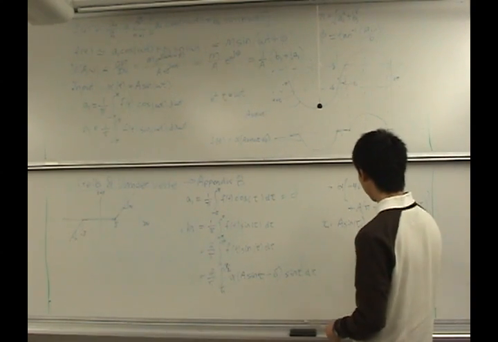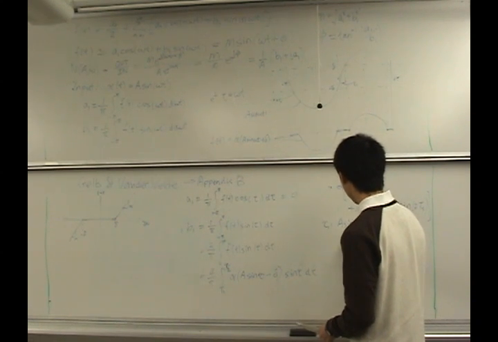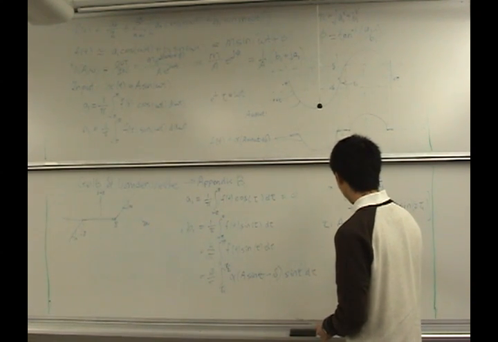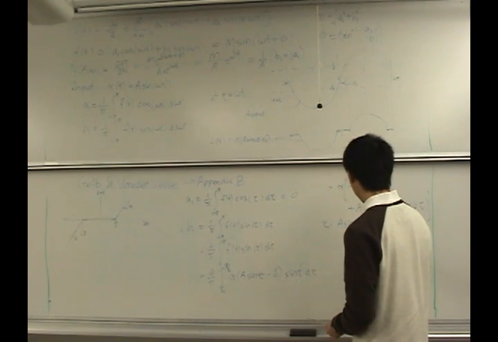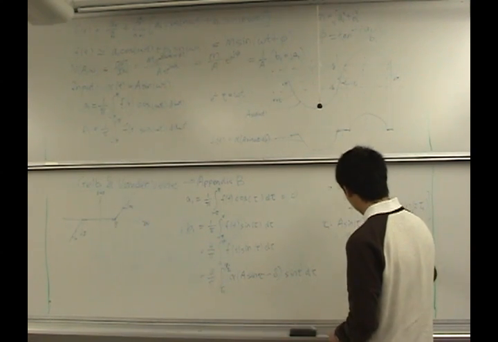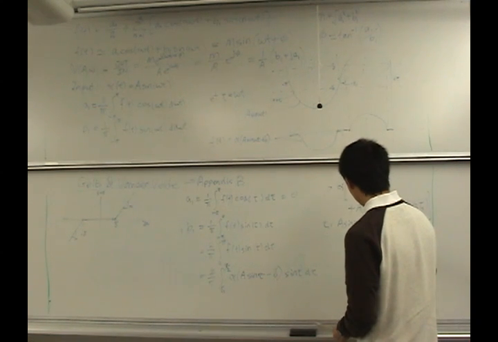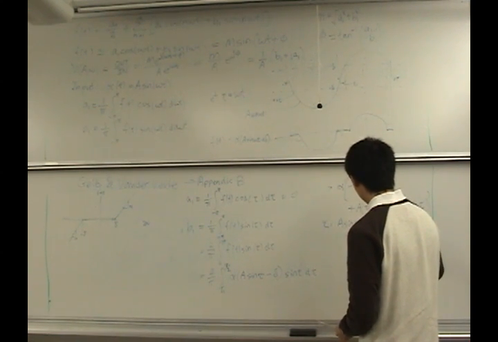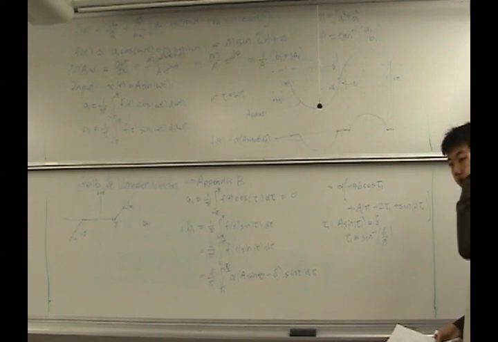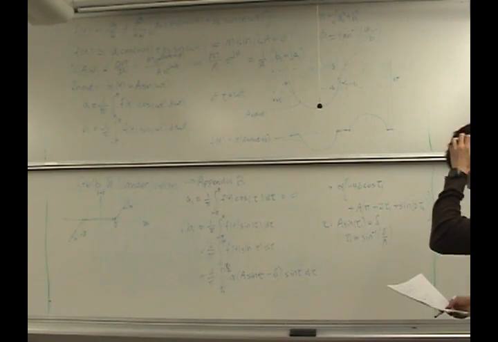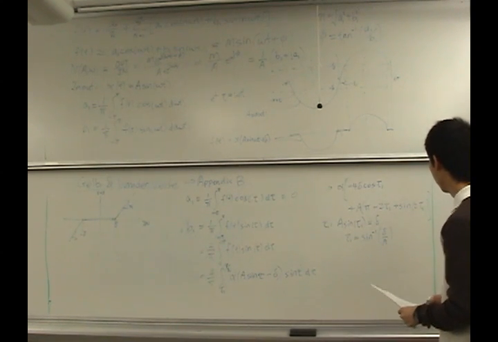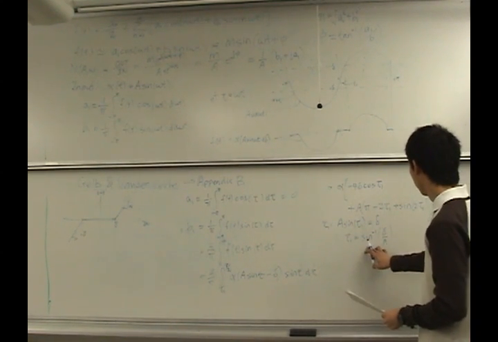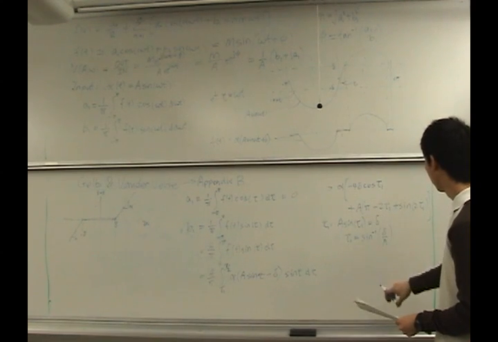So we can just reverse that, and then we get tau 1 equals inverse sine of delta over A. So we can put that in here.